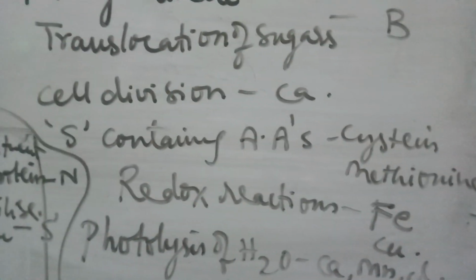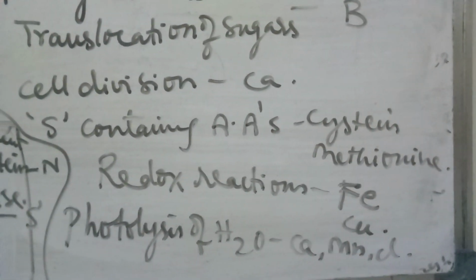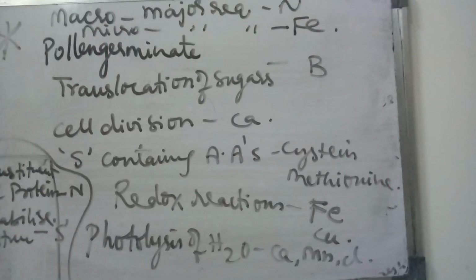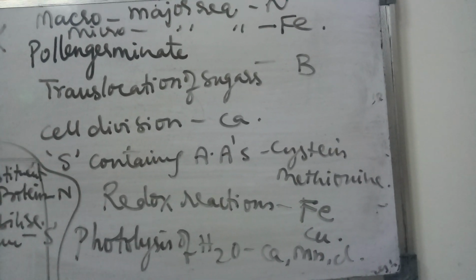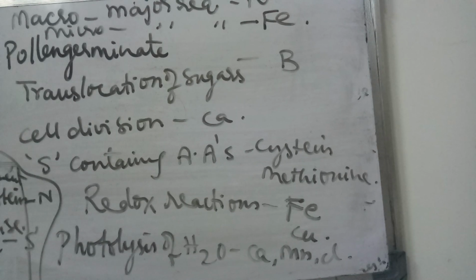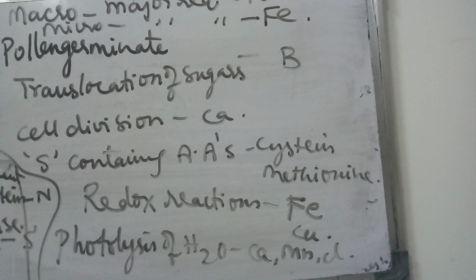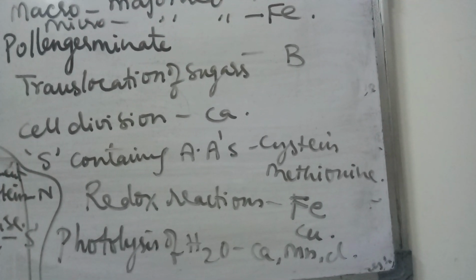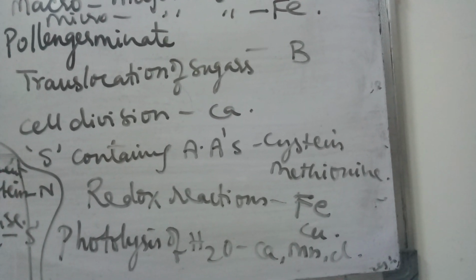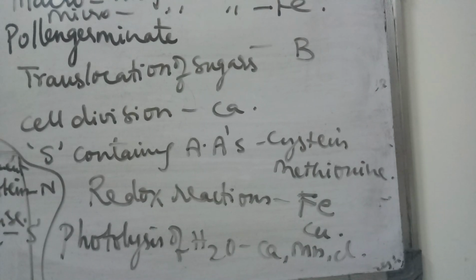So make a note of all these properly. I repeat: pollen germination, boron; translocation of sugars, boron; cell division, calcium; sulfur containing amino acids, cysteine, methionine; redox reactions, iron, copper; photolysis of water, calcium, manganese, chlorine.